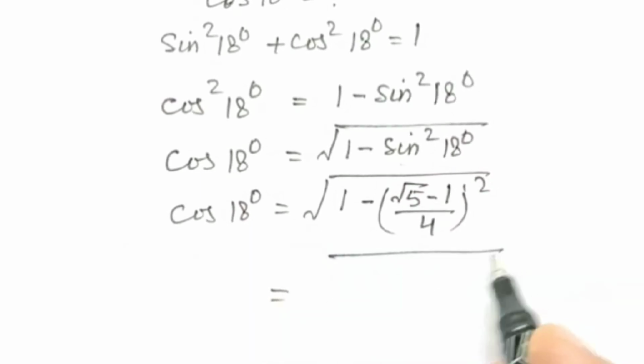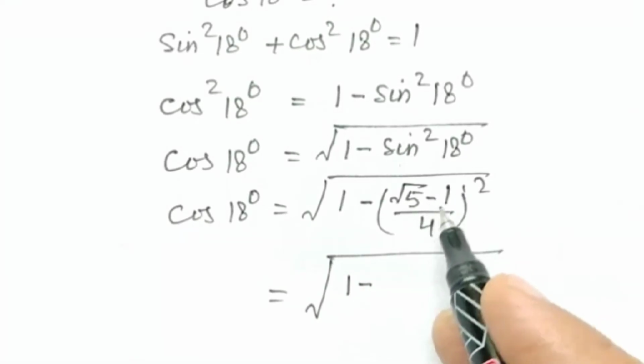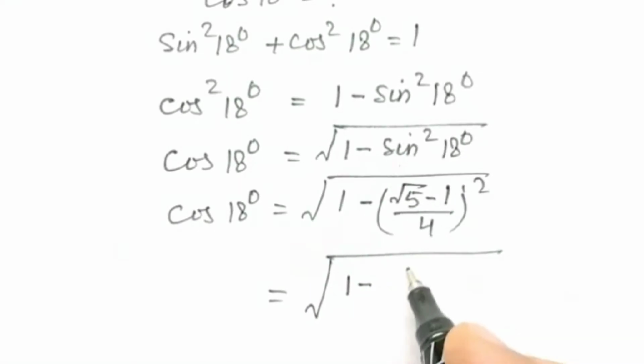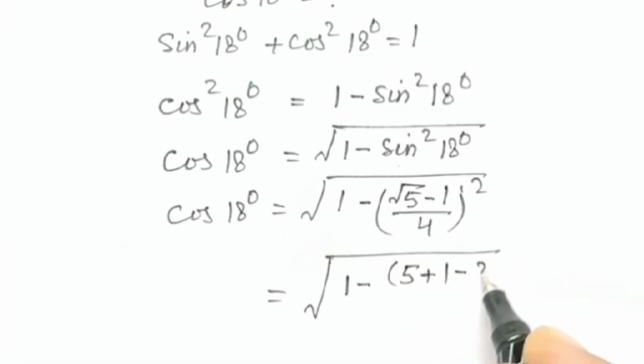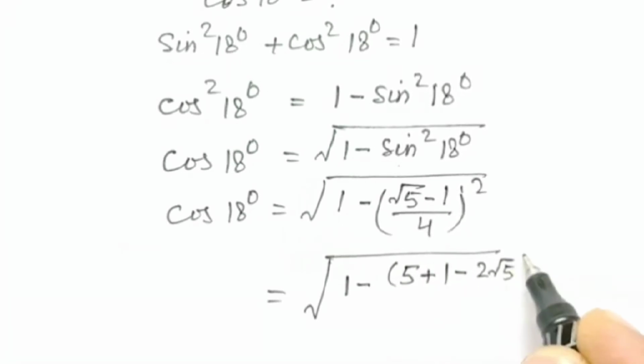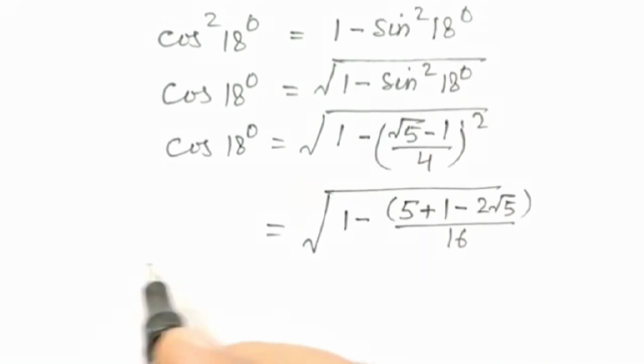So this is square root of 1 minus, if we expand this we get, 5 plus 1 minus 2 square root of 5 over 16, right?